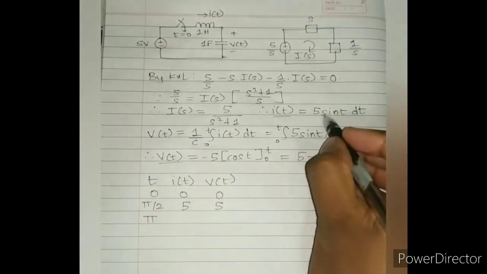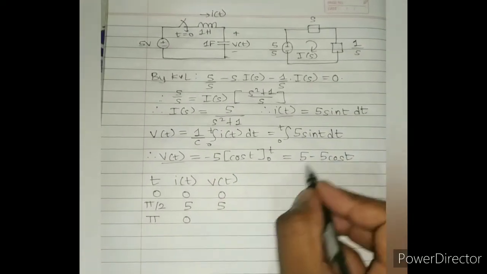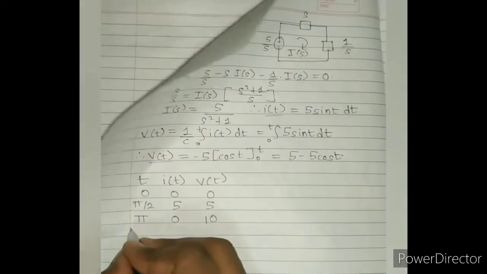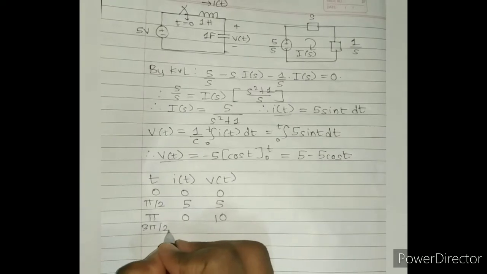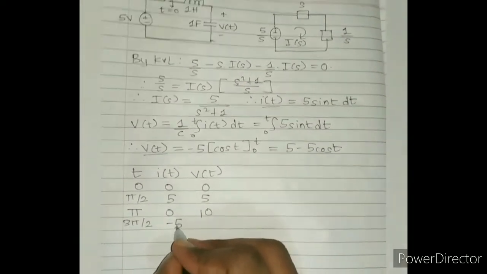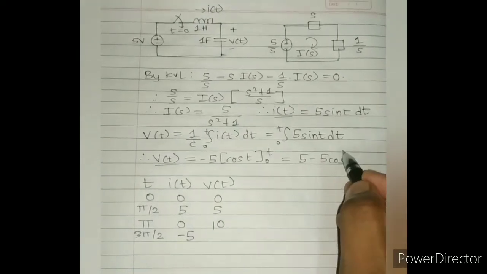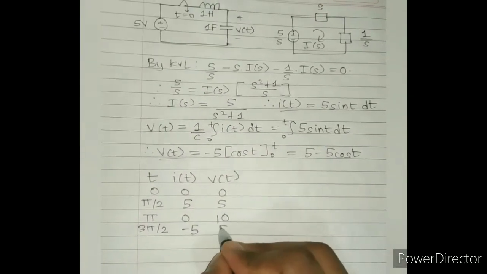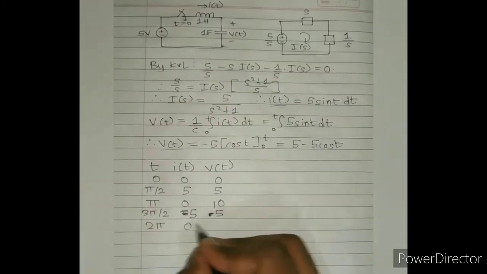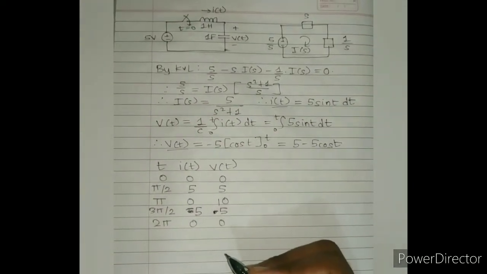For pi, I of t is again 0. V of t is now 5 minus of minus 5, that is 10. Now for 3 pi by 2, I of t is minus 5 and v of t is now 5 minus 0, again 5. Now for 2 pi, I of t is 0 and v of t is also 0.